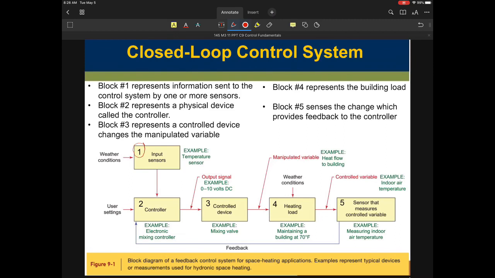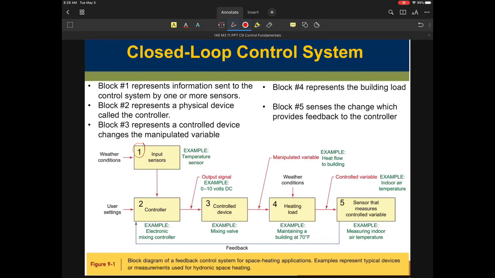It could be something that can be manipulated. It could be chilled water. It's something that you're going to sense as a general rule, and you're going to do something with that. In this particular case, for a closed loop, it definitely will not be outside air temperature. It would have to be something where we are able to manipulate it based on something that we can control. That is how we would identify that.